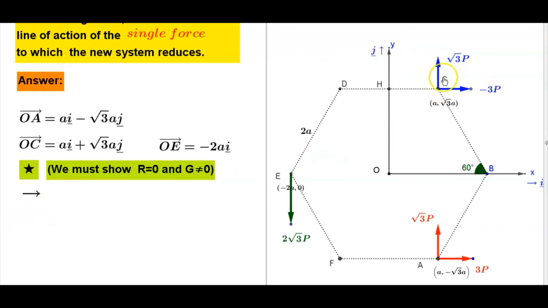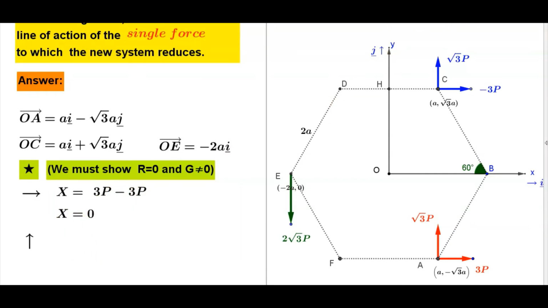Along the horizontal direction, let's say X, therefore X is equal to 3P minus 3P, therefore X is equal to 0.